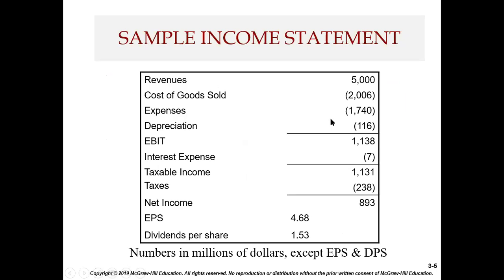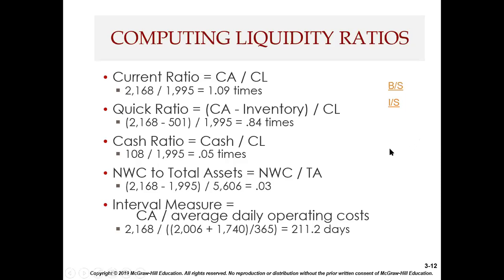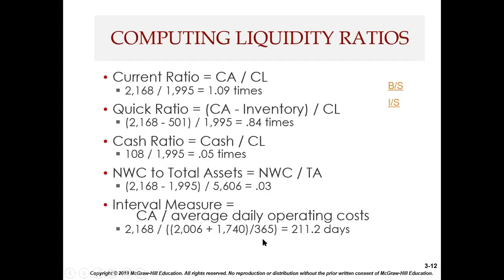And those should be our expenses plus our cost of goods sold. Cost of goods sold plus expenses are our daily operating costs. And divide that by 365 days. So it's telling us how much we spend on our daily operations every day. $211.2 per day.